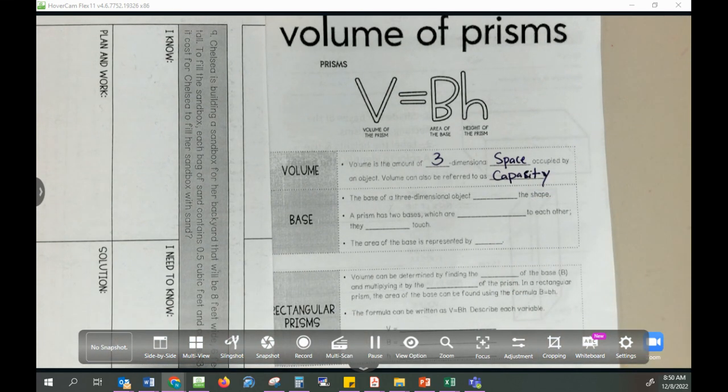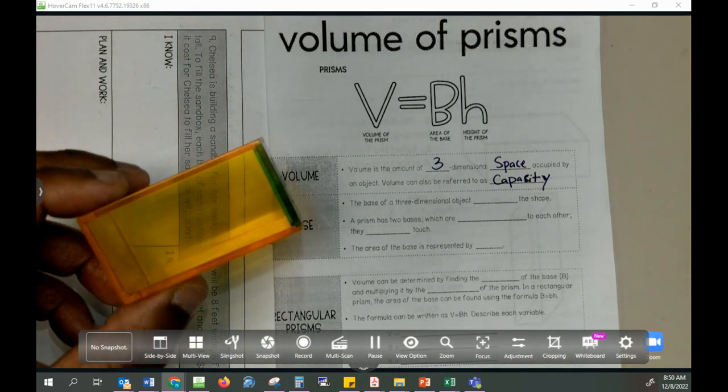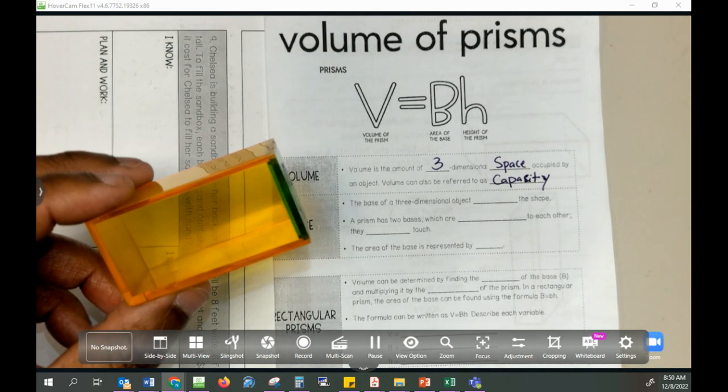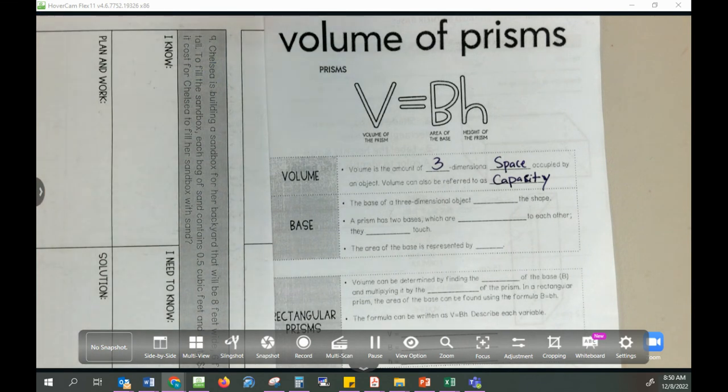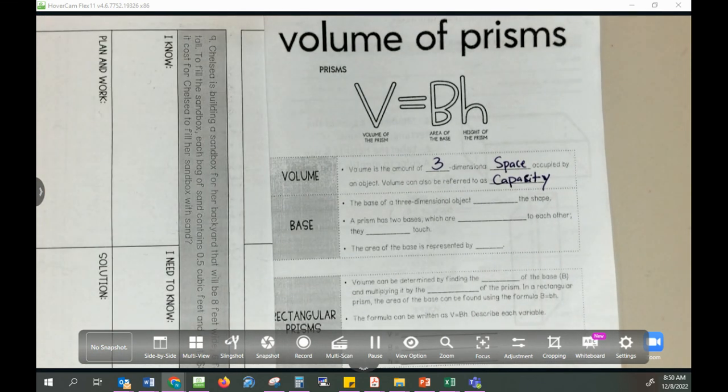And so it's like, what is the amount of capacity it can hold? When you hear about volume, you normally hear about liquids, because, again, it's about capacity.